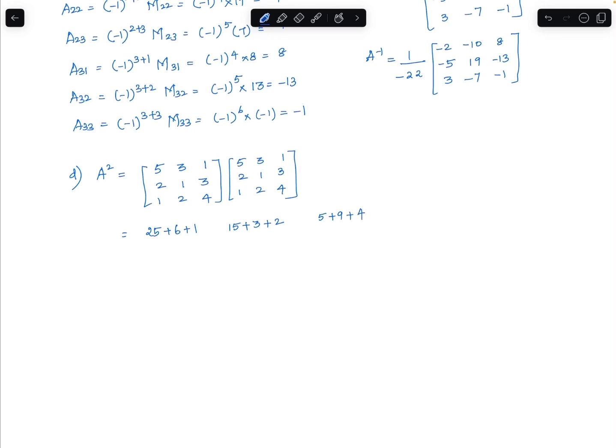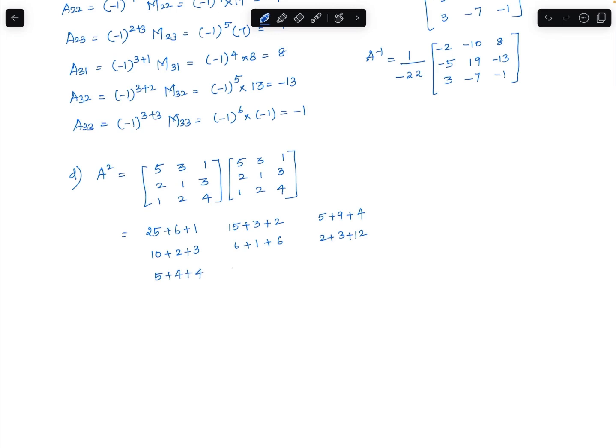Second row and first column, 10 plus 2 plus 3. Second row and the second column, 6 plus 1 plus 6. Second row and the third column, 2 plus 3 plus 12. Third row and the first column, 5 plus 4 plus 4.